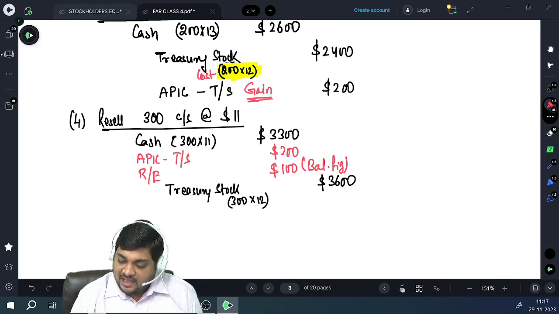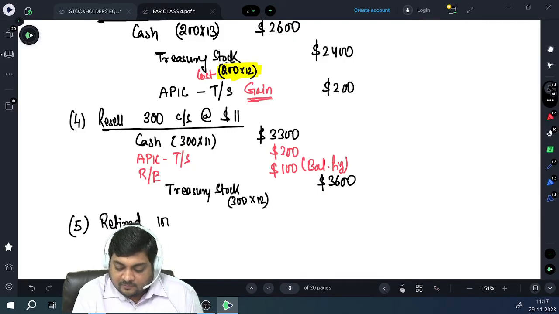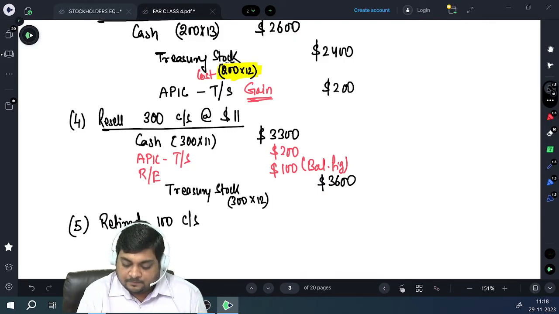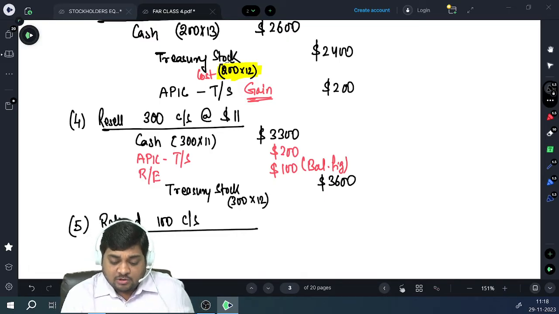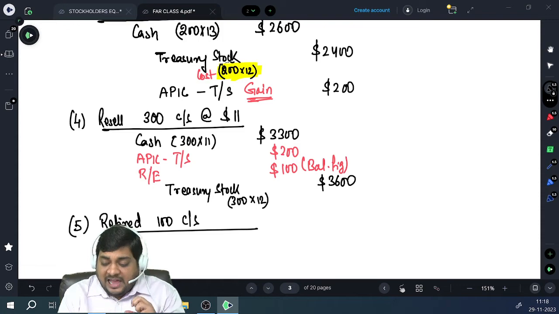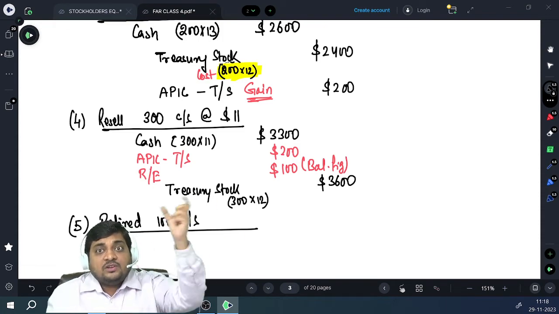Now suppose I have retired 100 common stock. At the time of retirement I will debit common stock and additional paid in capital common stock with the original issue price.